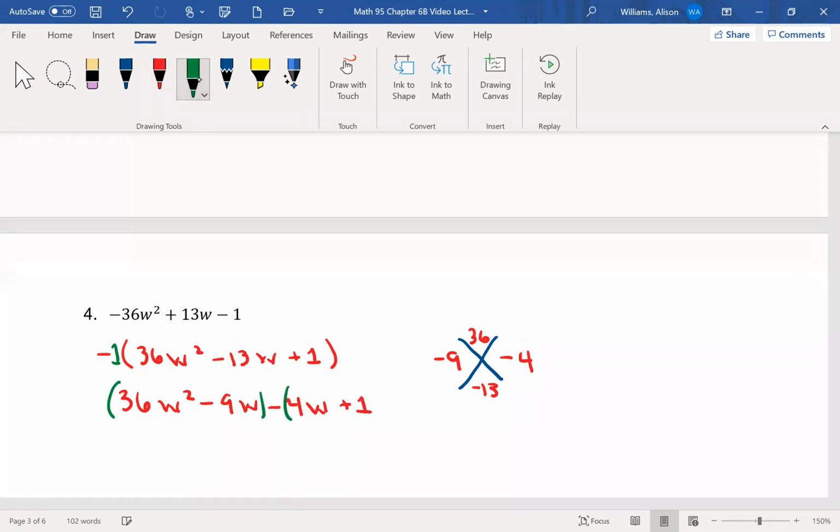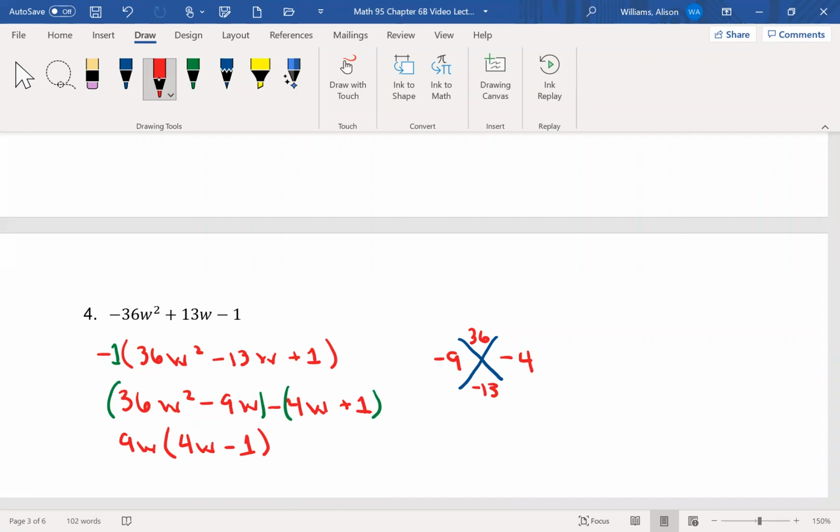I'm going to factor by grouping now. Out of the first group, I can factor out a 9w, which will leave me with 4w minus 1, because when you factor out the 9w, it leaves a 1, right? 9w divided by 9w is 1. Anything divided by itself is 1.